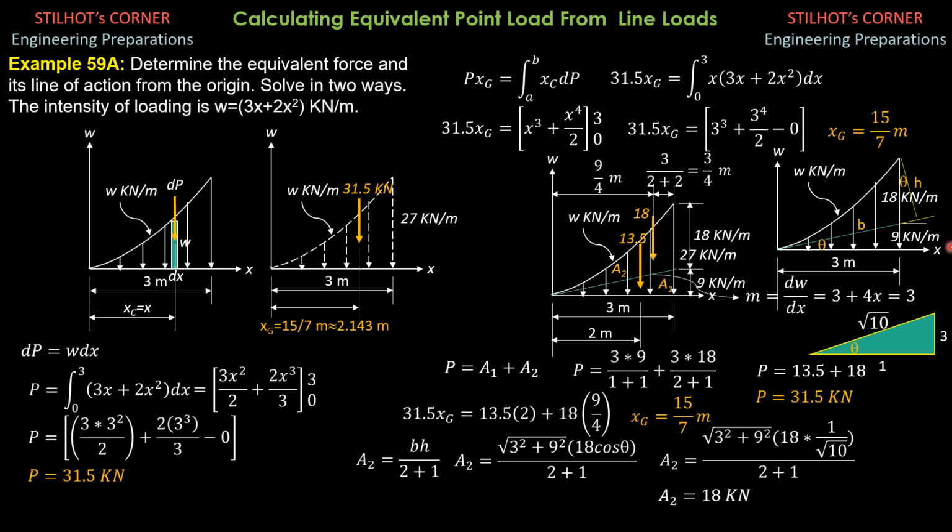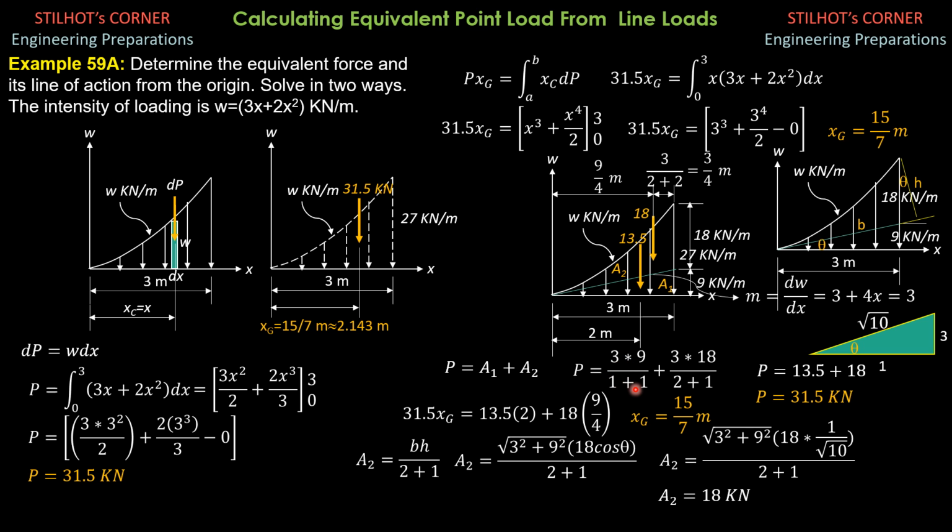So therefore, P equals area 1 plus area 2. Area 1 is this triangle here, which you know, 1/2 base times height. And area 2 is BH. Base is 3, height is 18. So the perpendicular dimensions for area 2 would be 3 meters by 18. So for the triangle, I just use the formula so that you will know that it is still 1/2 base times height.